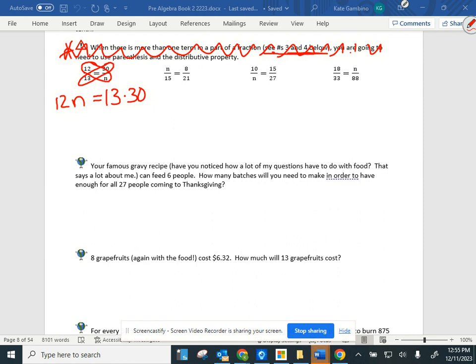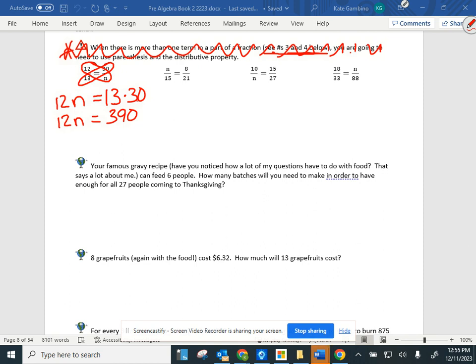So now, what do you think we're going to do first to solve this equation? Damien. You are going to get the answer to the 13 times 30. Yes. So we're going to keep that 12n right now, and we're going to figure out what 13 times 30 is. What is 13 times 30? Jude? 390. Now, Damien said, oh my goodness, that's a one-step equation there.